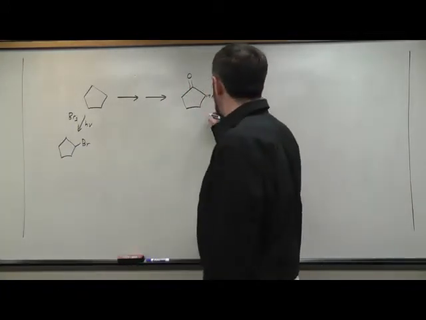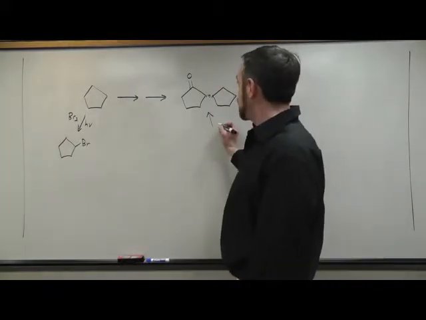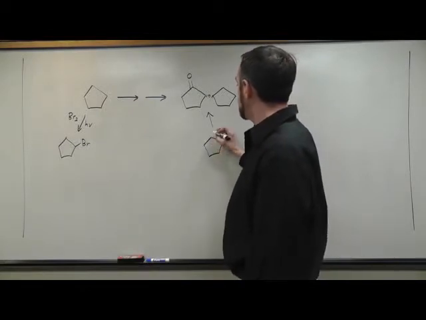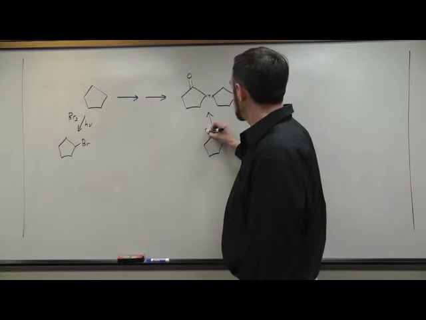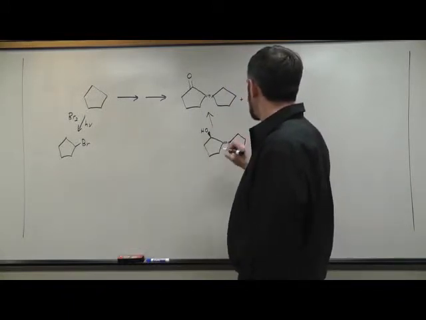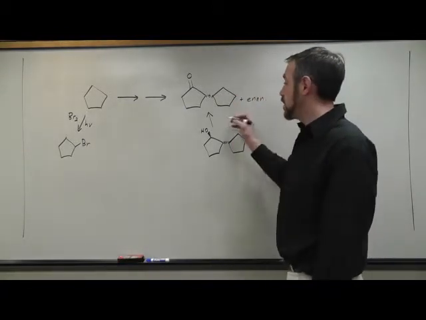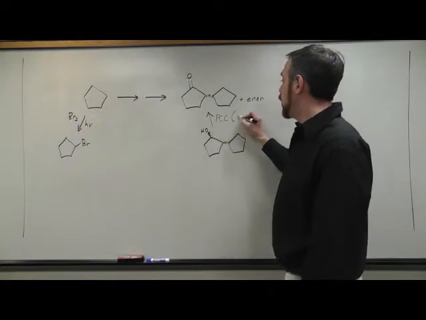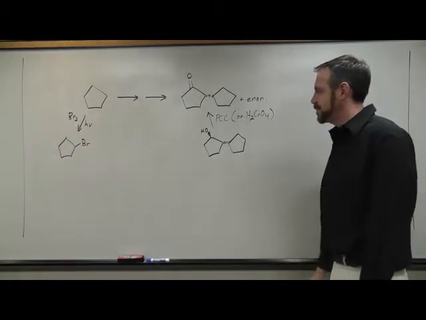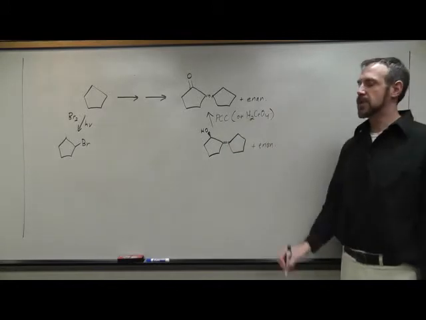And so if we work backwards from here, a logical molecule that could create this one in one step would just be the alcohol. And we could oxidize this, since it's secondary, with PCC or chromic acid. And so a mixture of these enantiomers would give that.